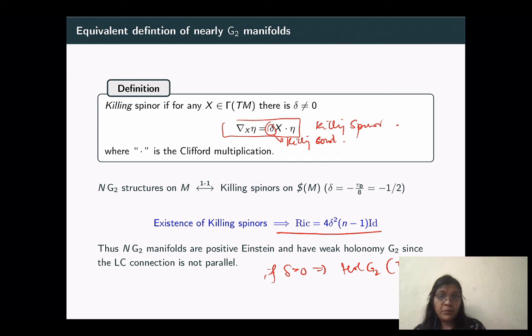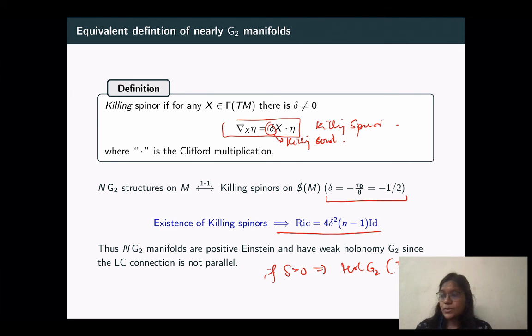In fact, if we want a Killing spinor, then delta must not be 0, and thus the spinor is not parallel with respect to the Levi-Civita connection, and the holonomy is not G2. Also, if you remember, tau naught was the torsion form for the three-form phi, and delta and tau naught, as expected since they are basically the same thing, are related by this relation.